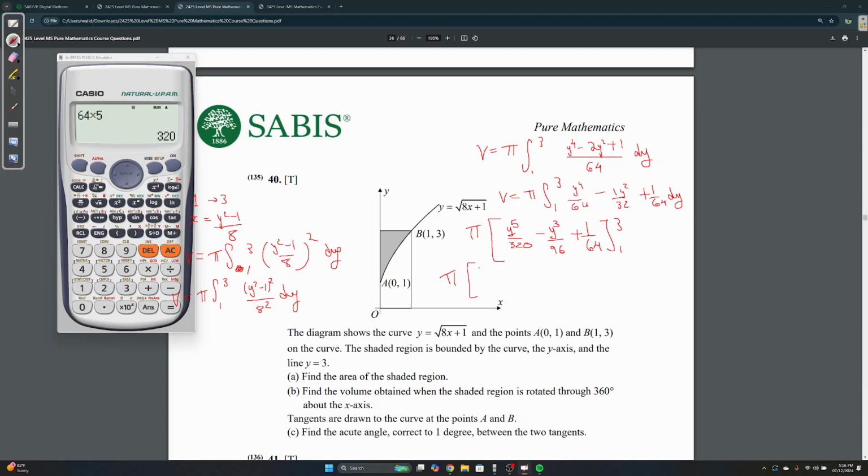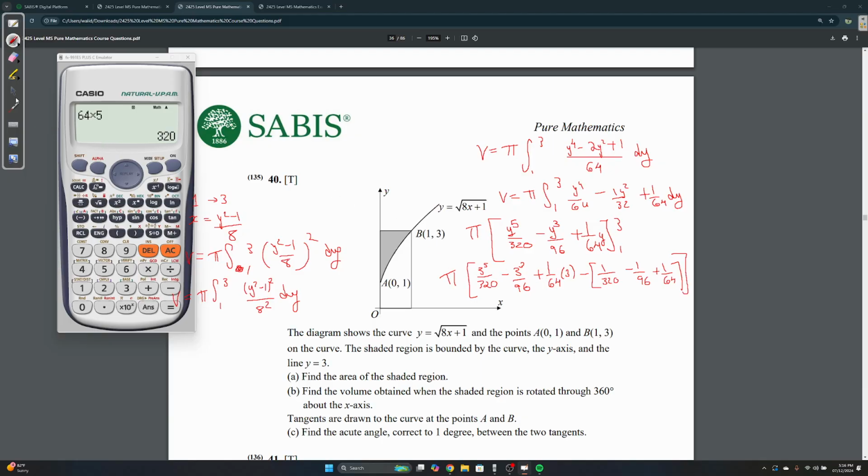So let's start. It's going to be 3 to the power 5 over 320 minus 3 to the power 3 over 96 plus 1 over 64 times 3, minus, open bracket, substitute 1: 1 over 320 minus 1 over 96 plus 1 over 64, because if you multiply by 1, it's like not multiplying anything.